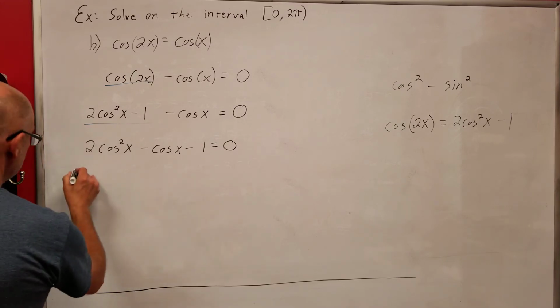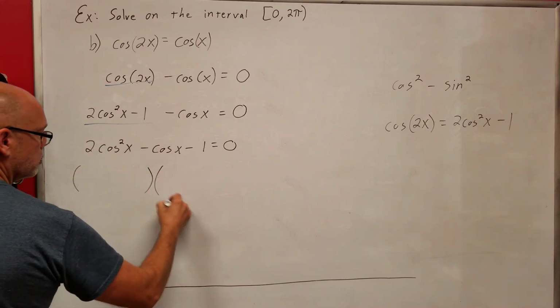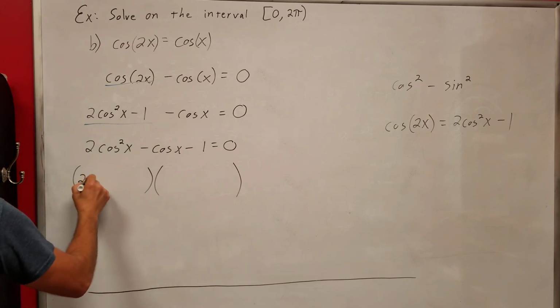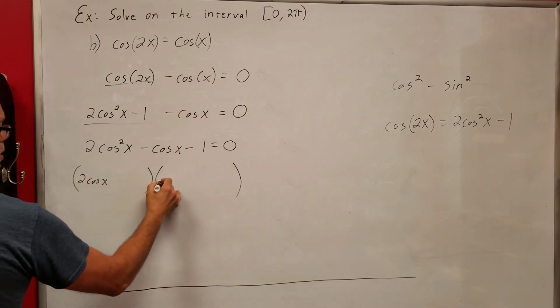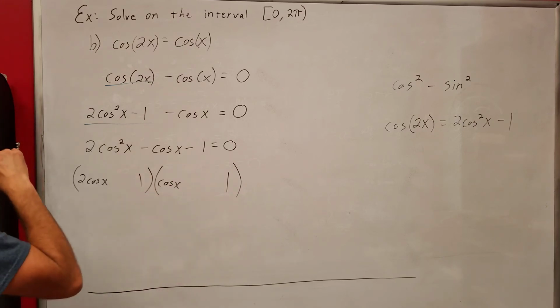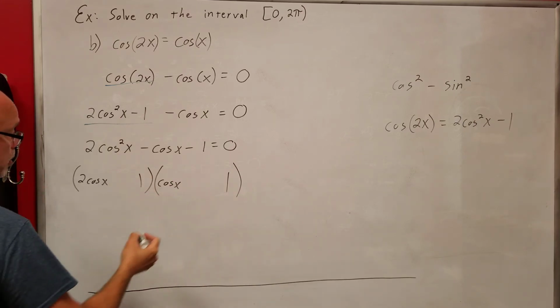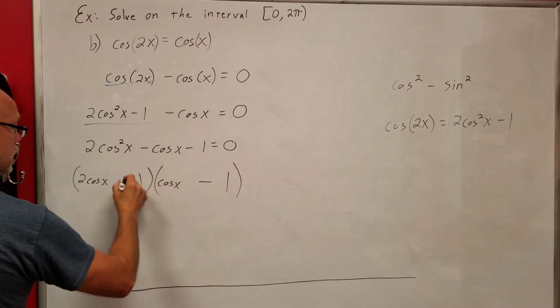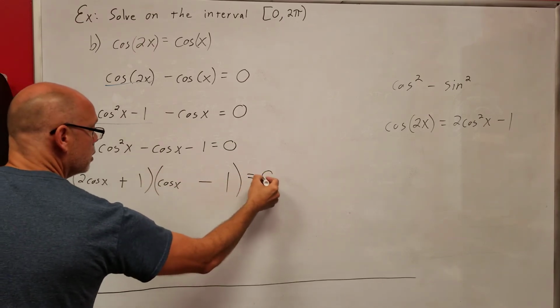Now that makes it easier to factor. I have 2 cosine of x, I have 1, I have 1, and let's see, which one do I need to make positive and negative? I need to make that one negative, that one positive for this to work.